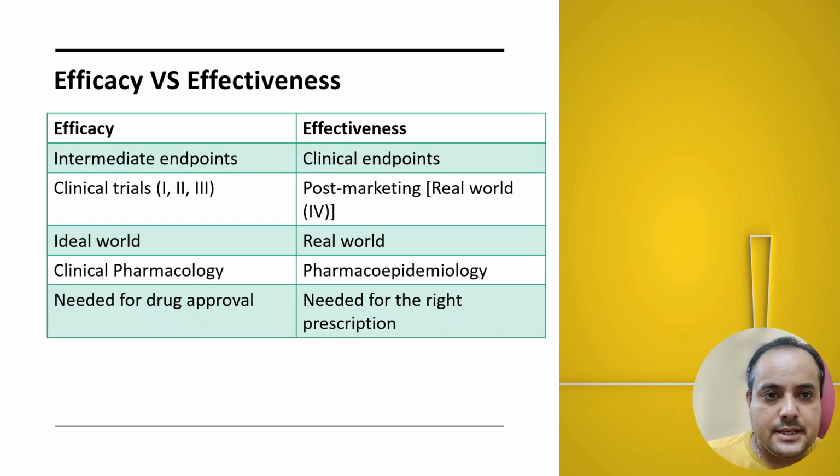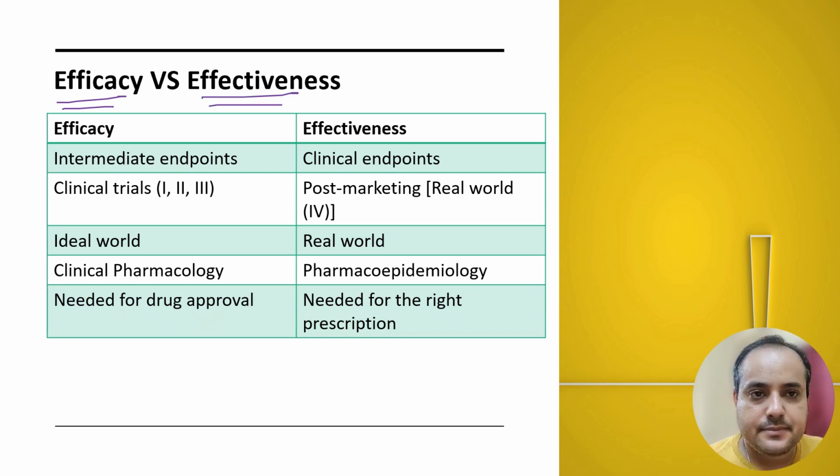So since there is a very obvious distinction between the criteria used in clinical trials and the criteria used in the real world, there are two words. The first is efficacy and the second is effectiveness.